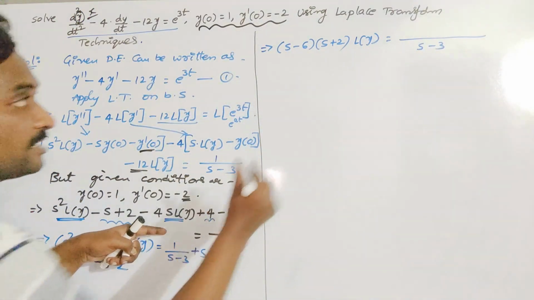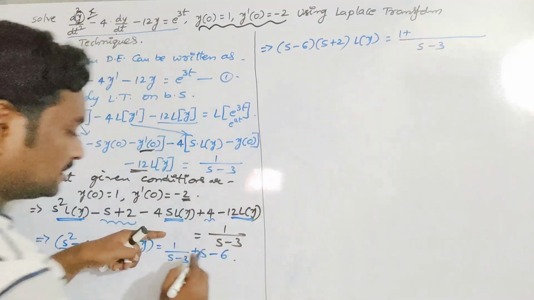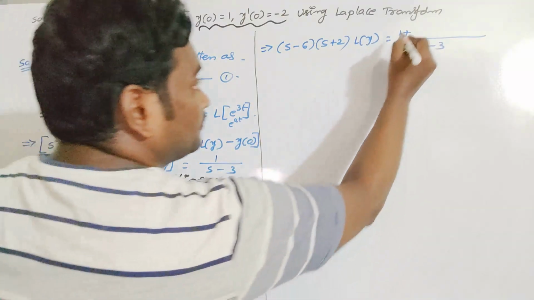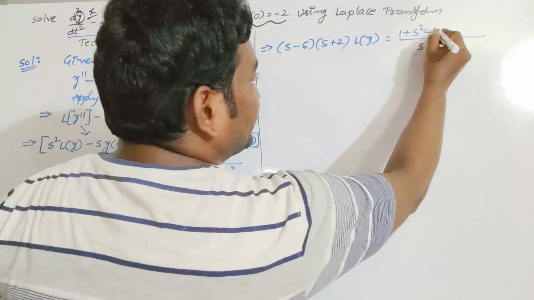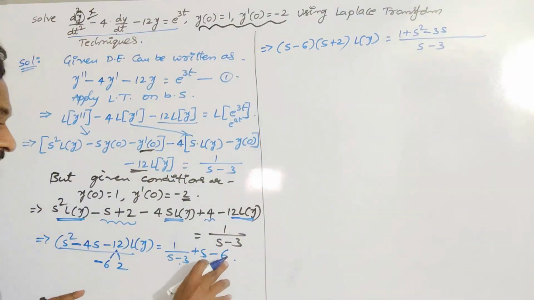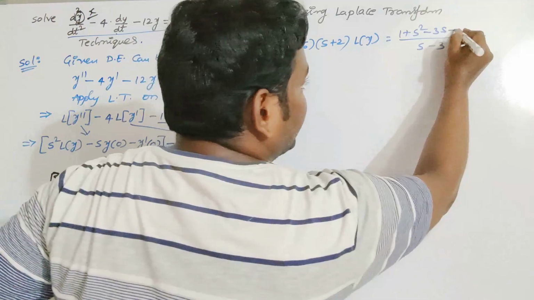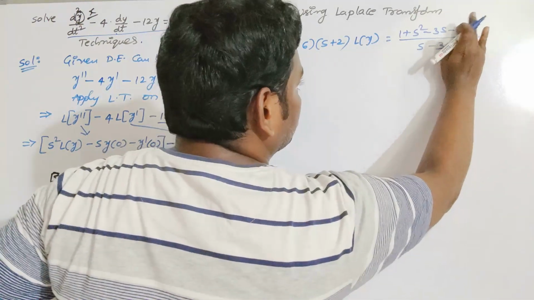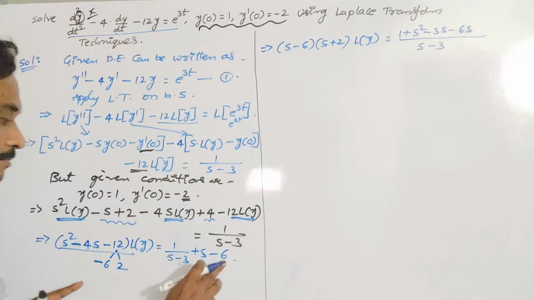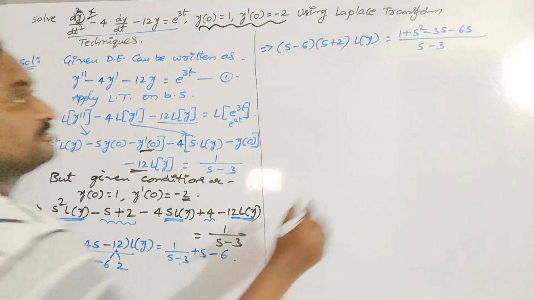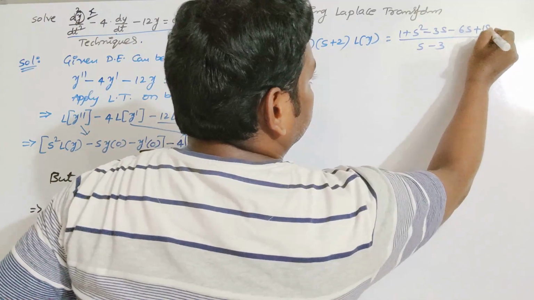So already 1 is there. 1 plus s into s square, s into 3, it would be negative 3s, minus 6 into s, minus 6s, minus 6s, minus 6 into minus 2, it would be plus 18.